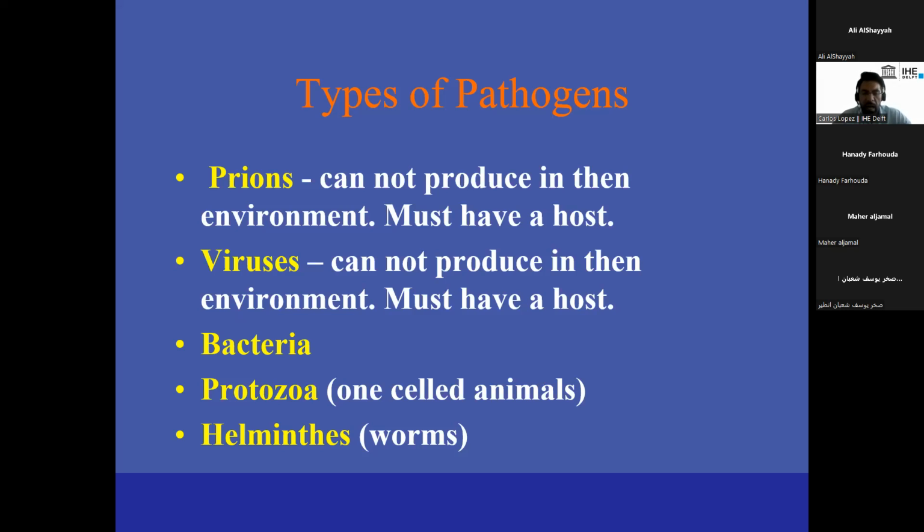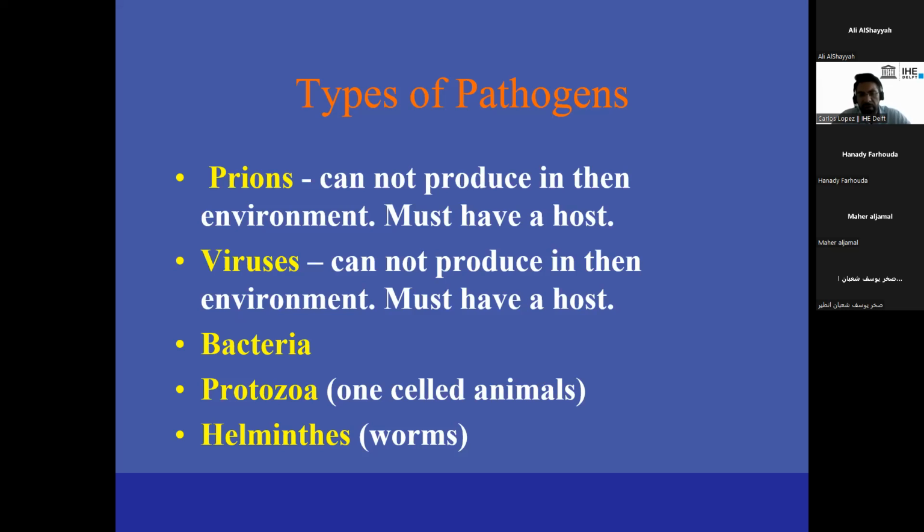The next level are bacteria. Bacteria are also related to different types of diseases and are way larger. They can reproduce themselves, and there are different types of bacteria with different properties that can lead to a different array of diseases.